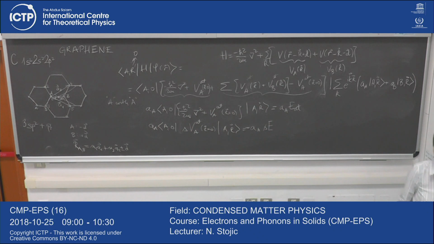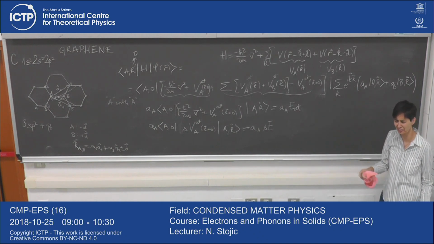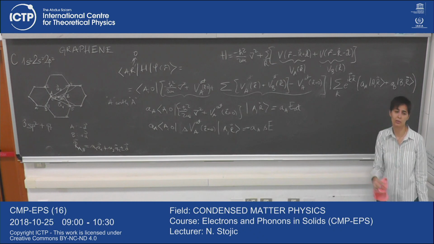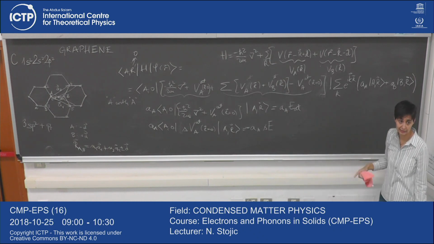Excuse me. I find the blackboard very small somehow. Excuse me. Yes. But there is like e to the power i k dot r. While doing this, it's just that R equals 0. Okay, this is non-zero only for R equals 0, which we chose.